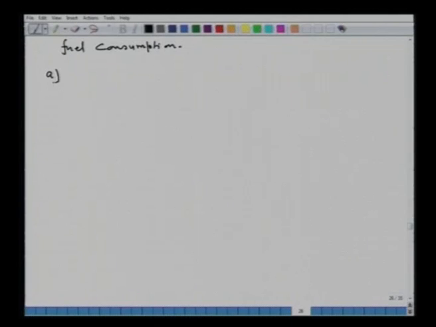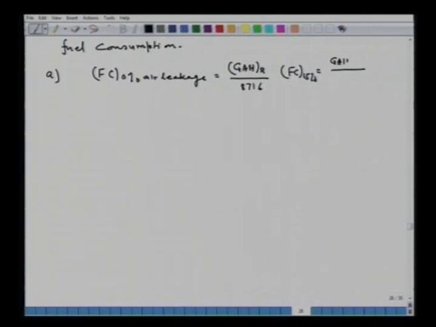A, in the above case, for example, if we take FC at 0% air leakage, that will be equal to the gross available heat required upon 8716, and FC at 15% air leakage will be equal to gross available heat upon 8117.